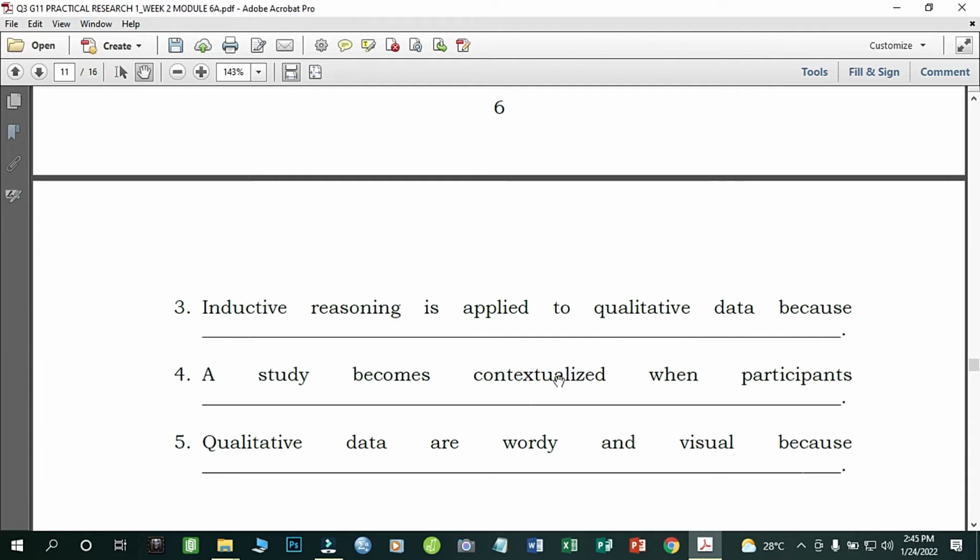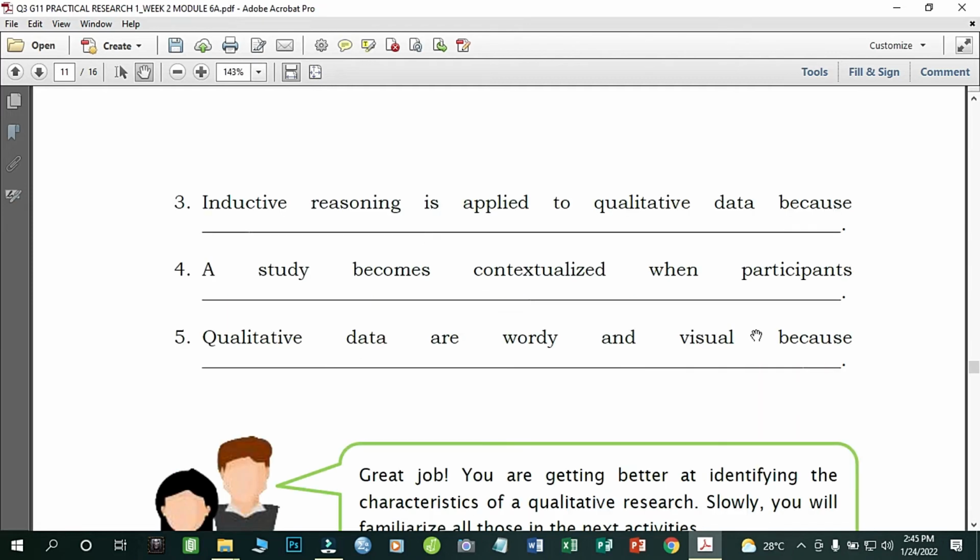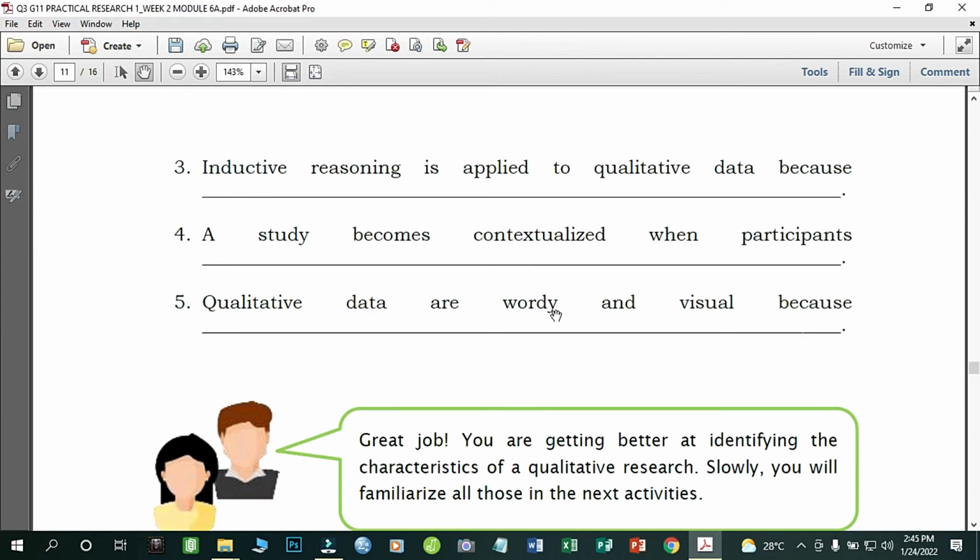So it depends upon you. Okay, number 4, a case study becomes contextualized when participants blank. And number 5, qualitative data are wordy and visual because blank. Okay, so you can send your answers to my email posted on the screen.